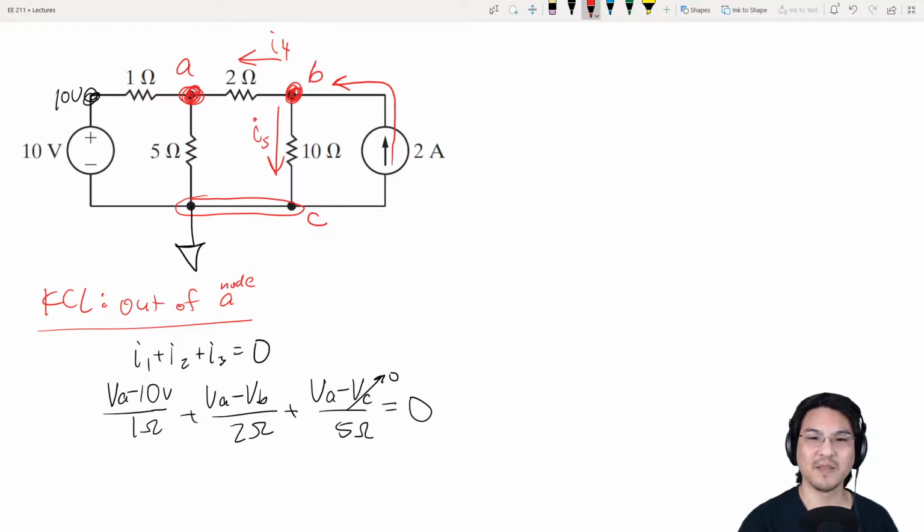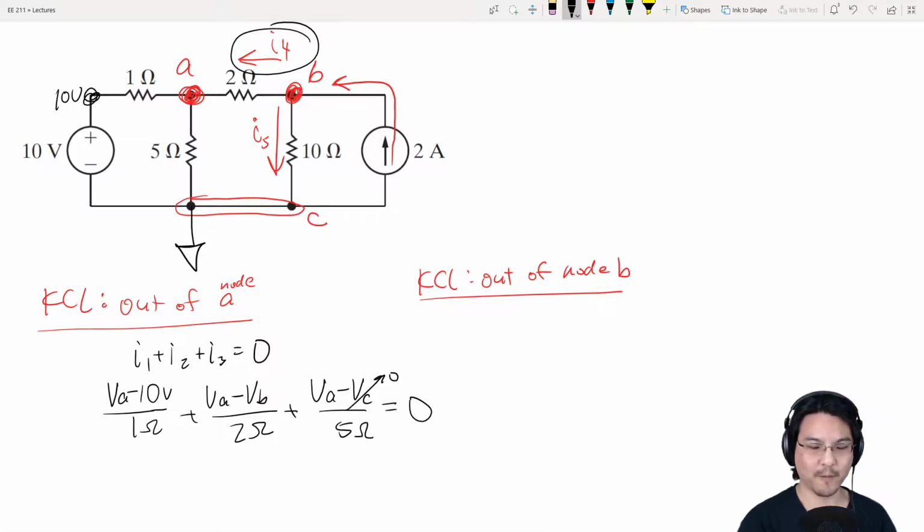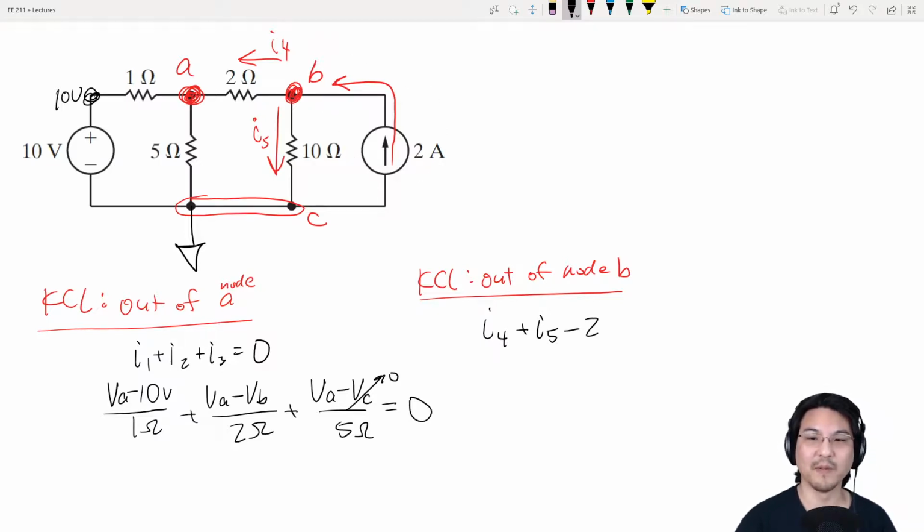Okay, so KCL out of node B. So let's start with I4. It'll be I4 plus I5, and since this one is going into the node, minus 2, equals 0. So that's KCL.